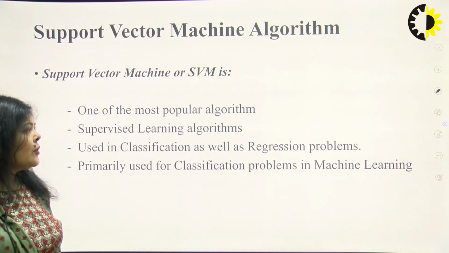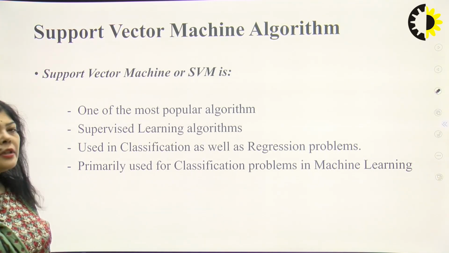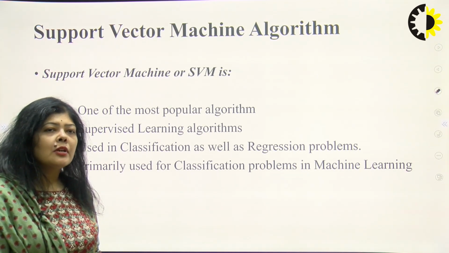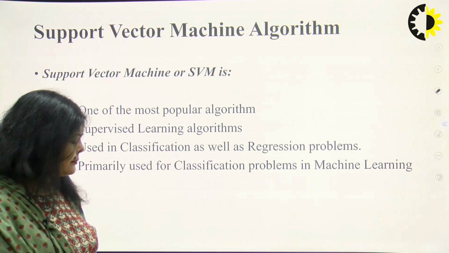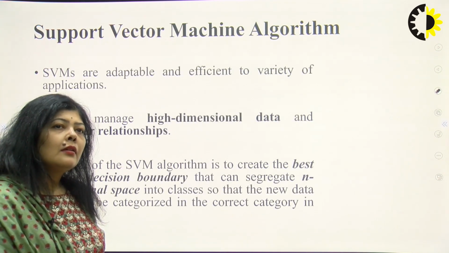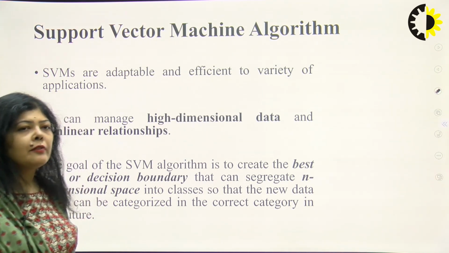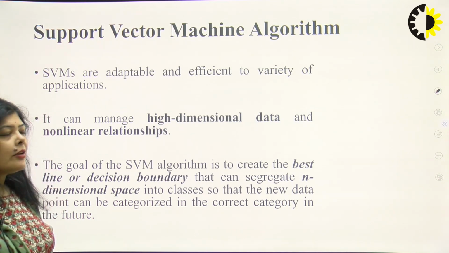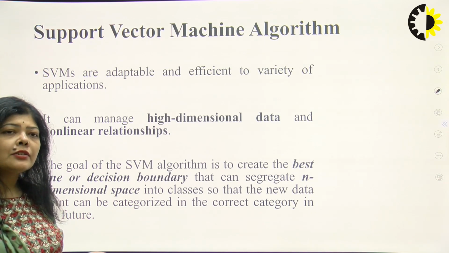This algorithm is used for both classification problems as well as regression problems. Primarily, it is used for classification problems in machine learning. SVMs are adaptable and efficient to a variety of applications, and they can manage high dimensional as well as nonlinear relationships, and can discover these nonlinear relationships from the data.